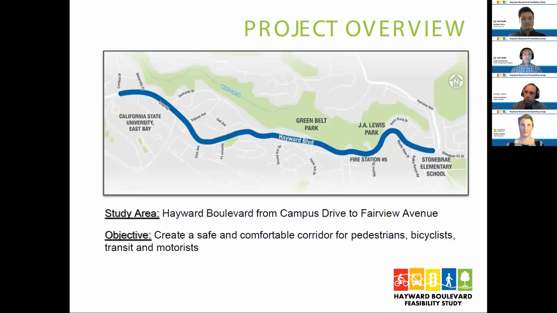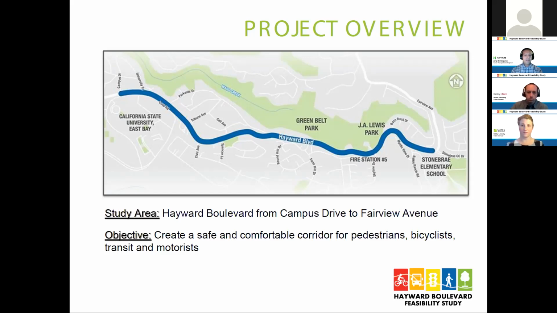Now, I'd like to give a little bit of background of how we got to this point in the project. Over the years, staff has received several Access Hayward requests and emails from residents concerning the Hayward Boulevard corridor. As a result, the Hayward Boulevard Safety Improvements Feasibility Study was created to address community concerns that include, but are not limited to, speeding and safety.